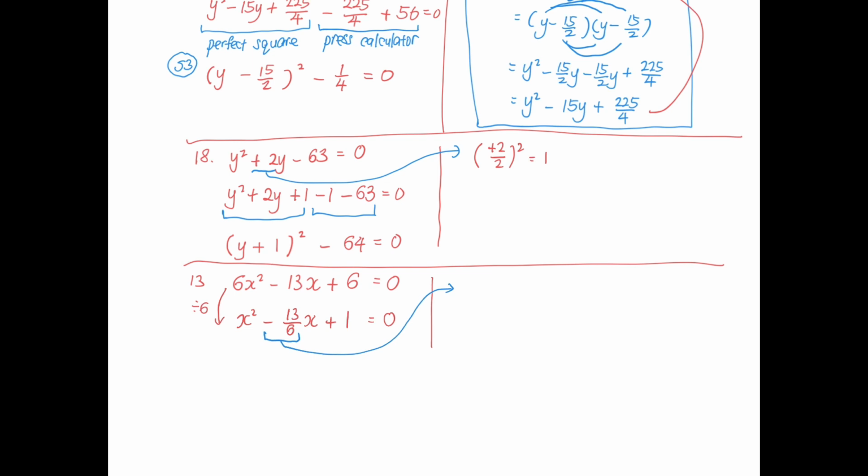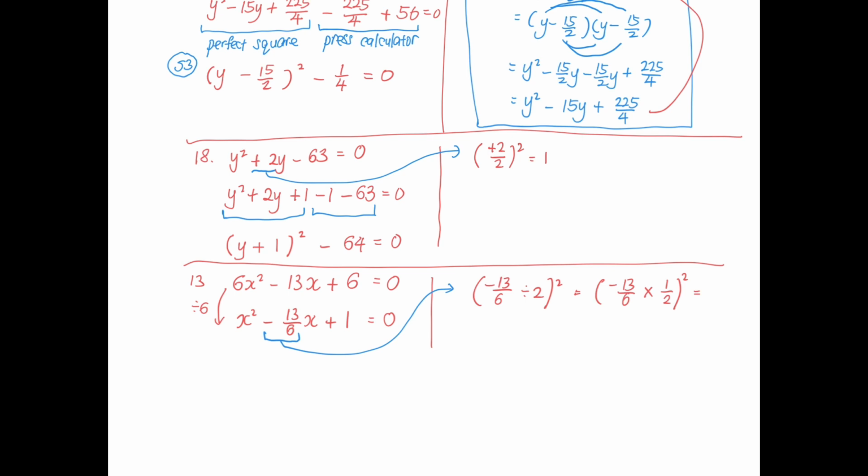Okay, so imagine that we have minus 13 over 6, you divide by 2, then you square. When you divide by 2, that means you turn the 2 upside down and it becomes multiply, then you square.